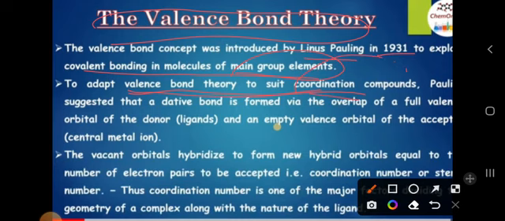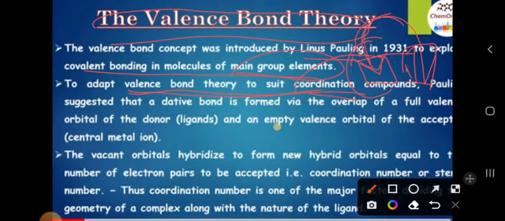It involves empty orbitals. For example, we have an empty orbital and a filled orbital with two electrons. The filled orbital will give electrons to the empty orbital, and then they get paired up. So this empty orbital takes the electrons from the ligand.